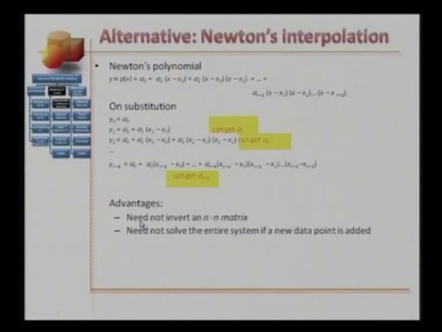We do not need to invert an n by n matrix here. Once again, we do not need to solve the entire system simultaneously. And in case an additional data point xn, yn is added, we do not need to recompute these coefficients. Instead, all we need to do is compute a new coefficient, alpha n.